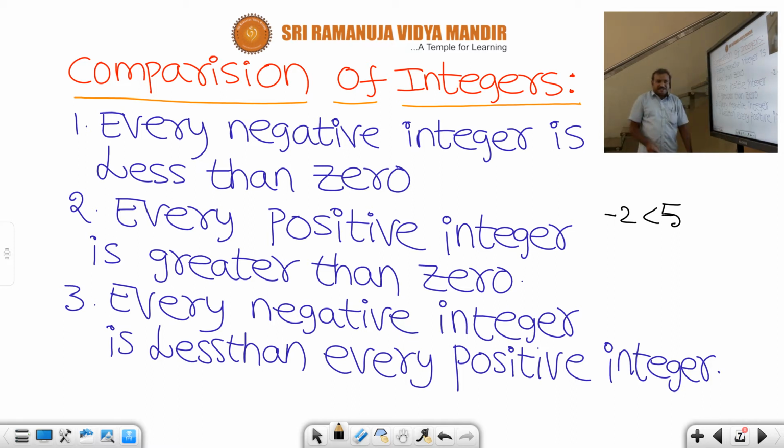See here, -2 is a negative integer and 5 is a positive integer. According to our theory, any negative integer is less than any positive integer.